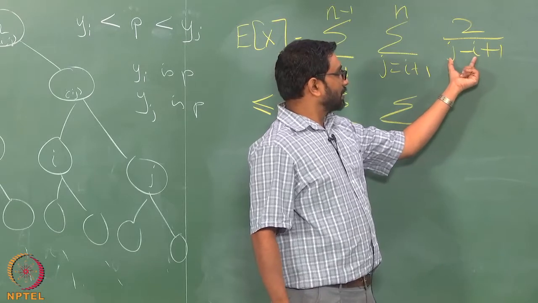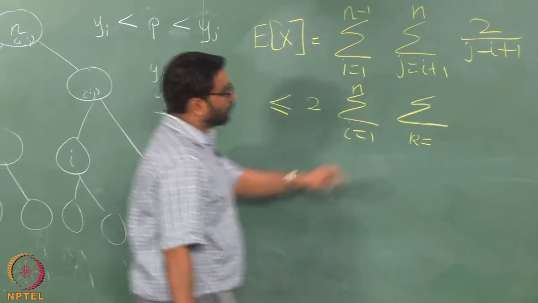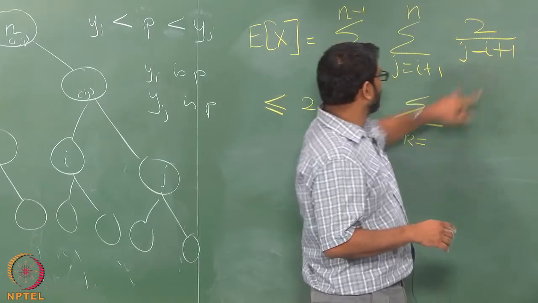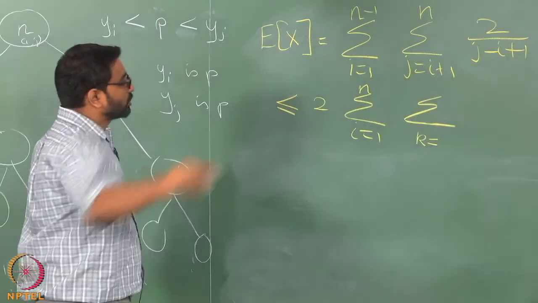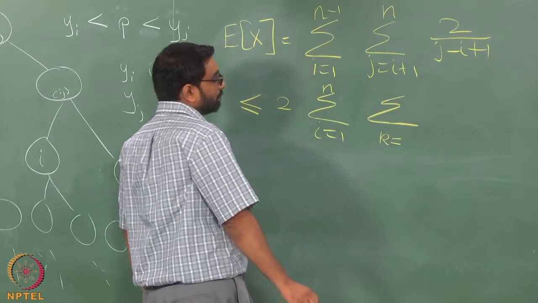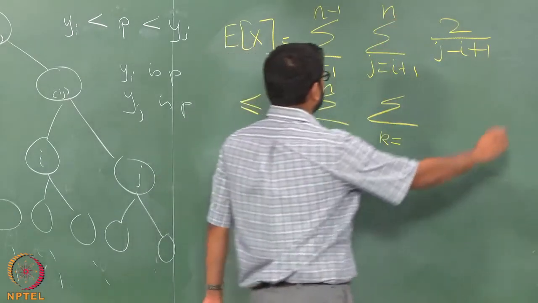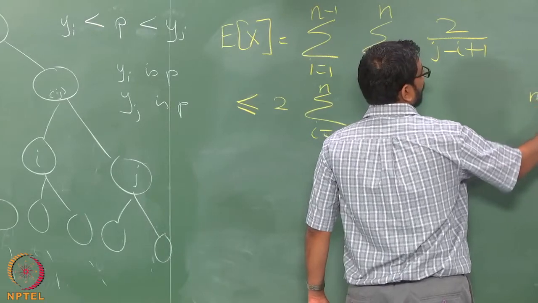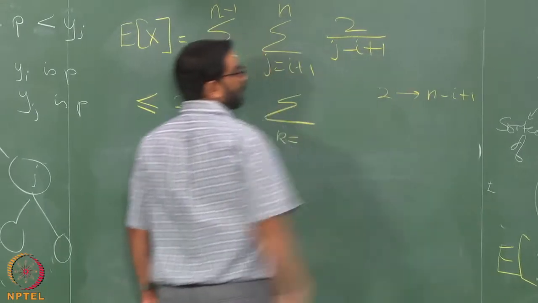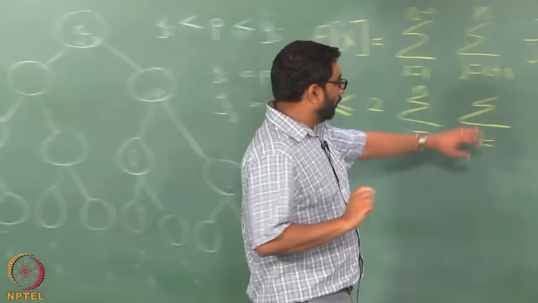So if you think of the denominator, it will be 2, then 3, 4, and so on. The largest the denominator can be is when j equals n, in which case the denominator will be n minus i plus 1. So the denominator will run from 2 to n minus i plus 1.